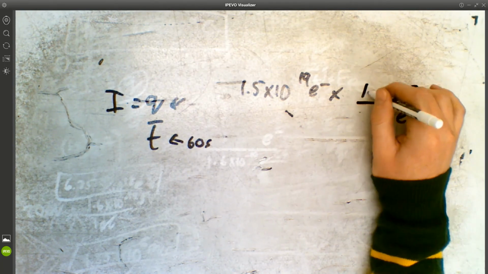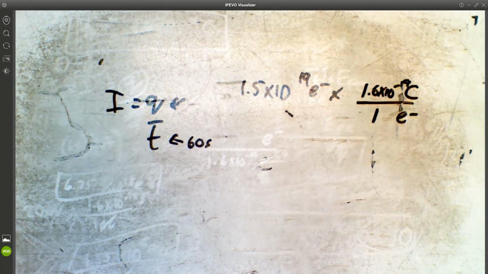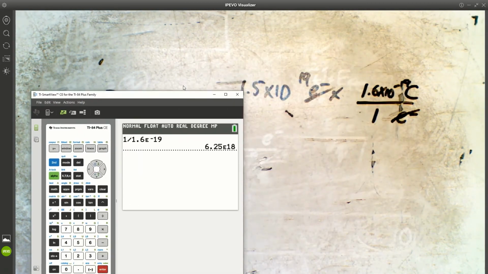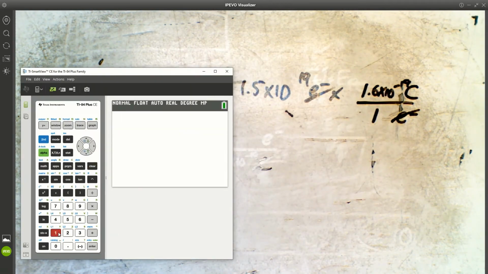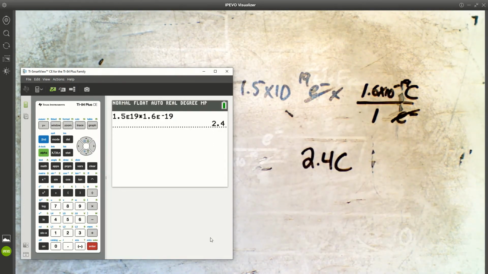One electron has a charge of the elementary charge, 1.6 times 10 to the negative 19 coulombs. Electrons cancel out. So to figure out how many coulombs I would get from 1.5 times 10 to the 19, I just have to go 1.5 times 10 to the 19 times 1.6 times 10 to the negative 19. And I end up getting 2.4 coulombs.